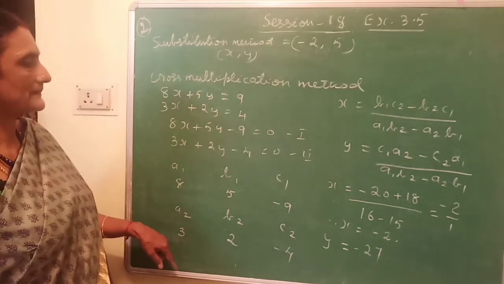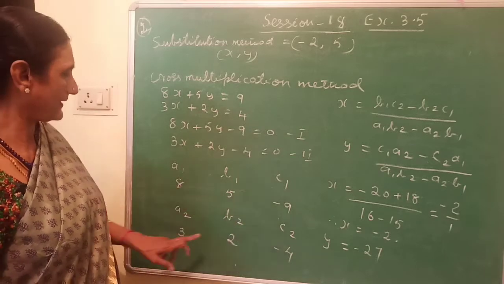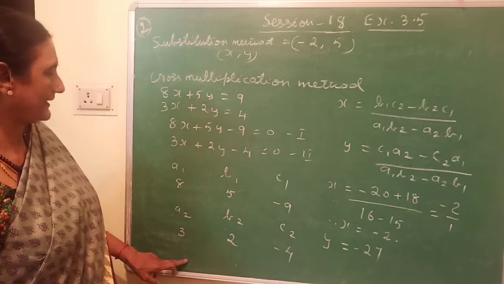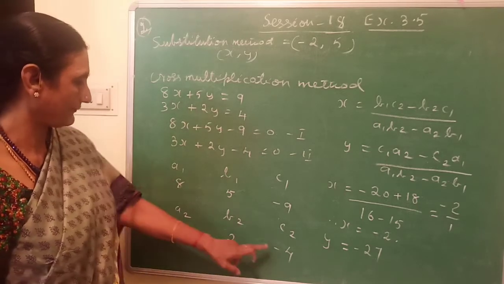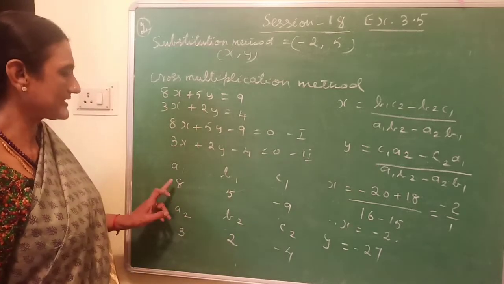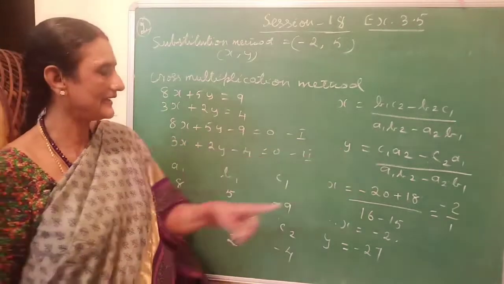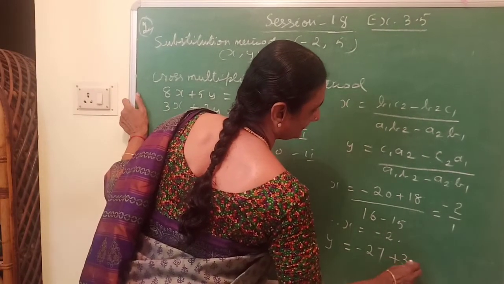Now this becomes y is equal to, once again you will check. C1 A2, 3 9s are minus 27, and then C2 A1. So C2 is minus 4, A1 is this, so minus 32, and here there is a negative sign, that becomes plus 32.